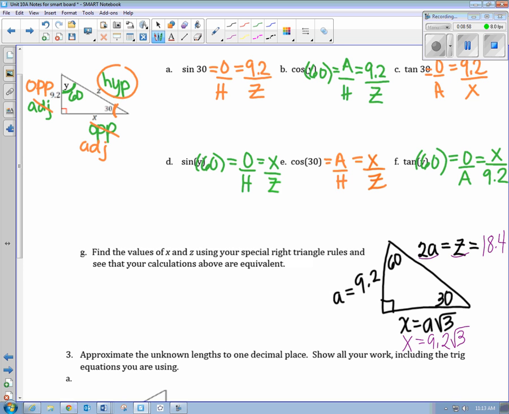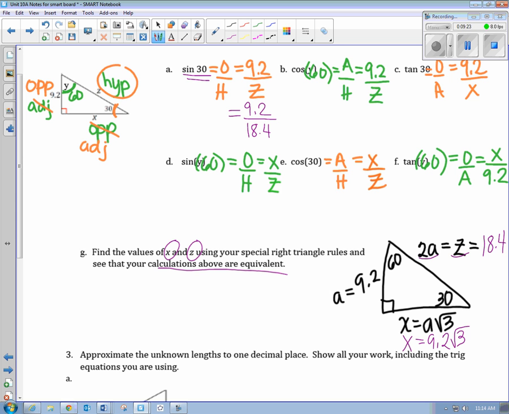The question is asking me to take the values of X and Z and go back and put them into parts A through F. It's then asking me to use my calculator and see if the sine of 30 in part A is really equal to 9.2 divided by our new Z value of 18.4.